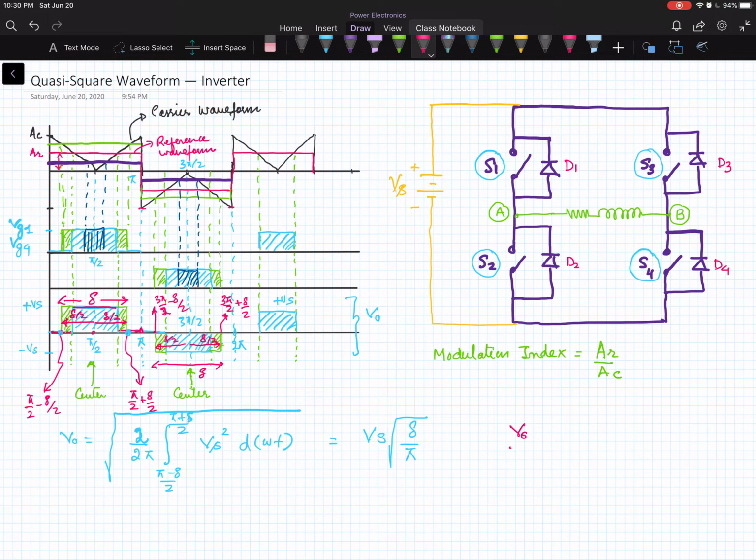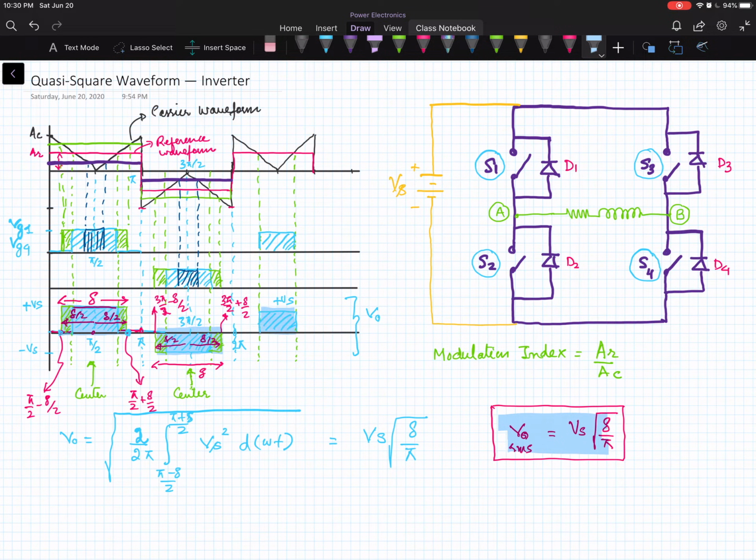So the RMS output of this quasi square waveform inverter is Vs into del by pi, right? So we have calculated the RMS output voltage considering this pulse, this output, and we have defined the limits for this waveform.